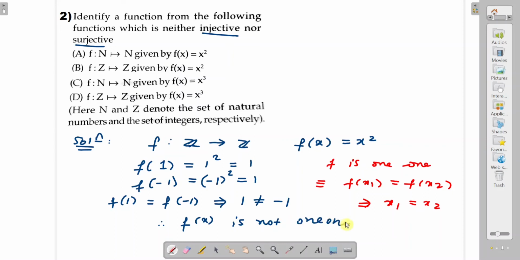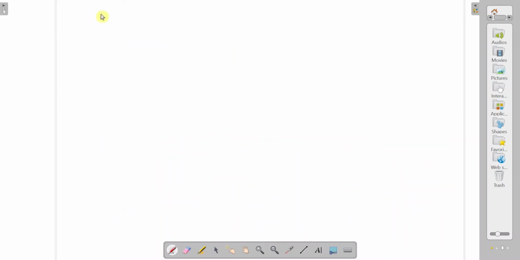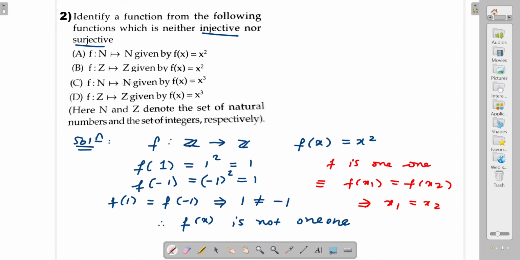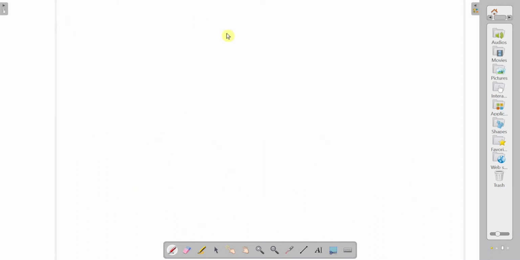So the first part we got for this function is not 1-1, but let us check if this function is not onto also. So f from Z to Z, this I have written already. For a function to be onto, what is the definition?